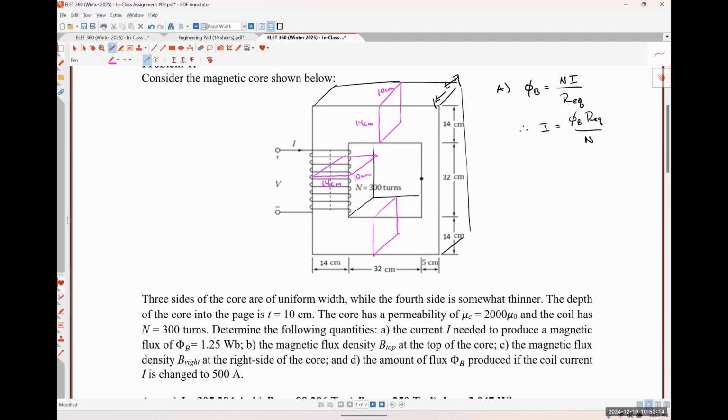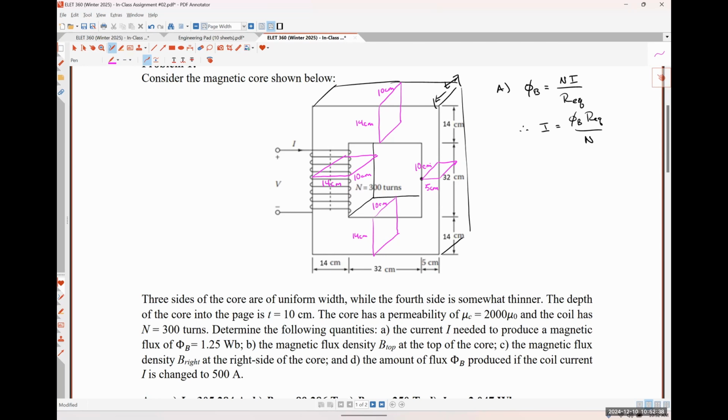Absolutely right. So this one is 14 centimeters times 10 centimeters. But this guy over here kind of messes things up a little bit. So this guy is just 5 centimeters times 10 centimeters. Let me move that 10 centimeters over so we can see that dimension. Okay.